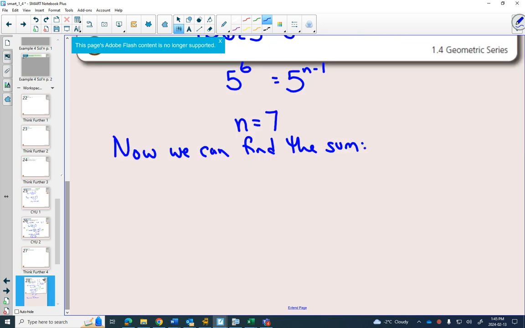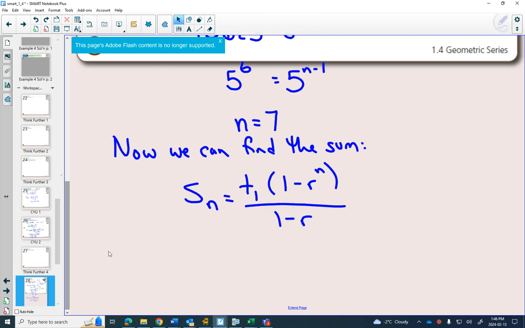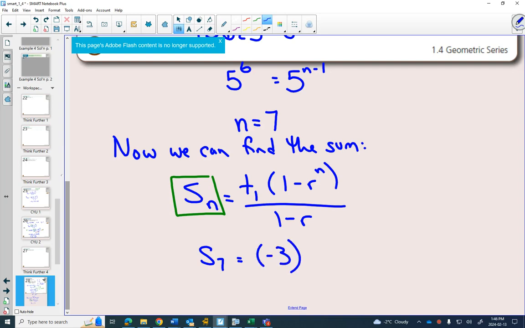Now we have everything, right? I'll write out the sum formula again. This is what I want to find. And now that I know that n is 7, I can find everything. I want to find S7. I knew that term 1 was minus 3. 1 minus, I know that r was 5.